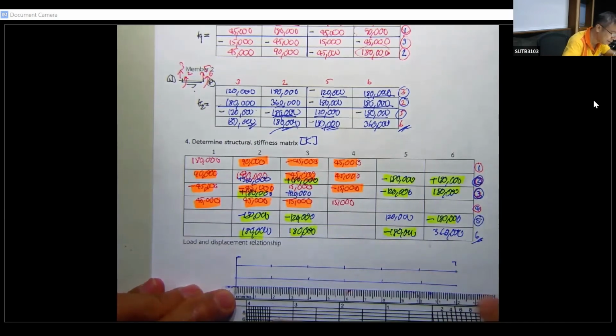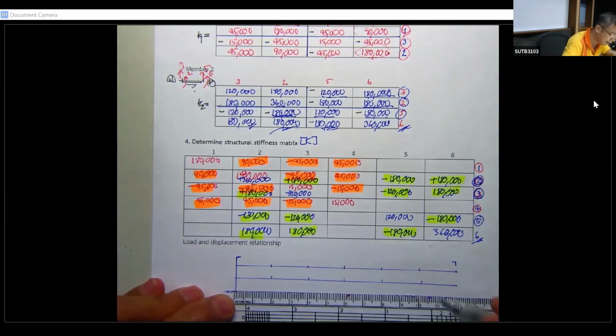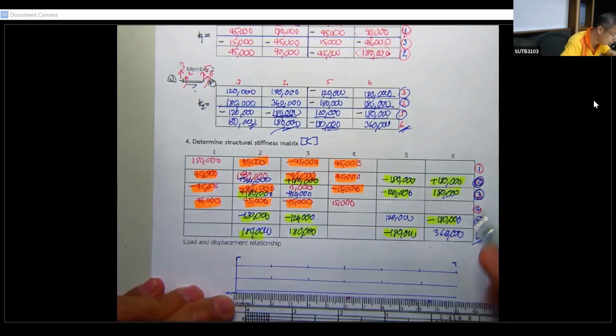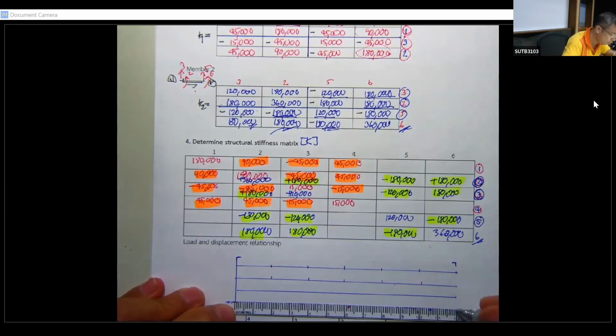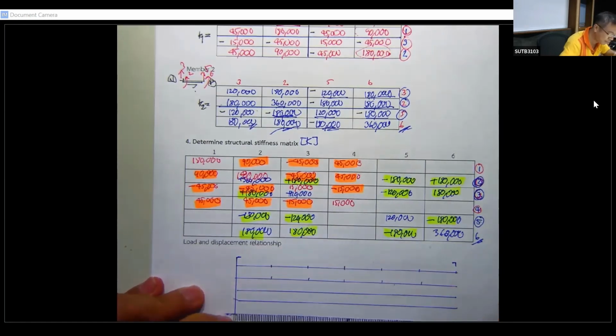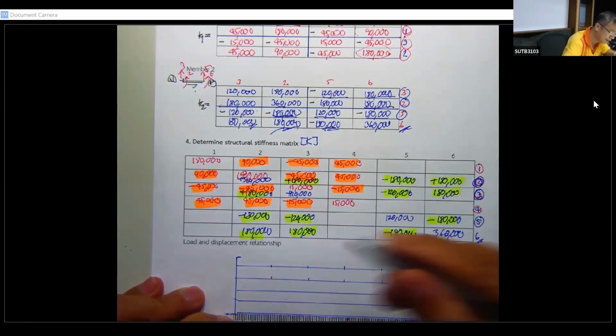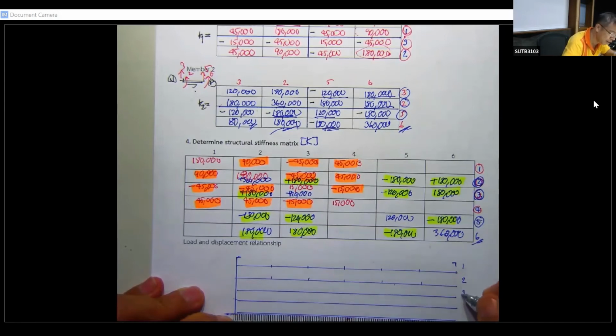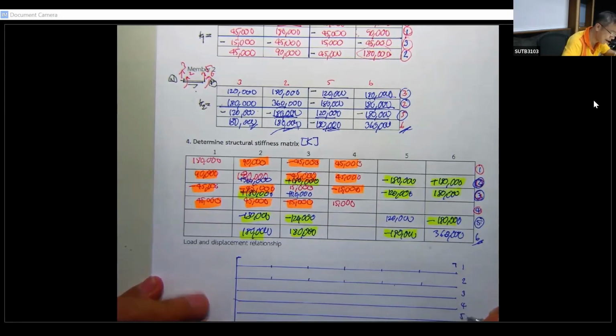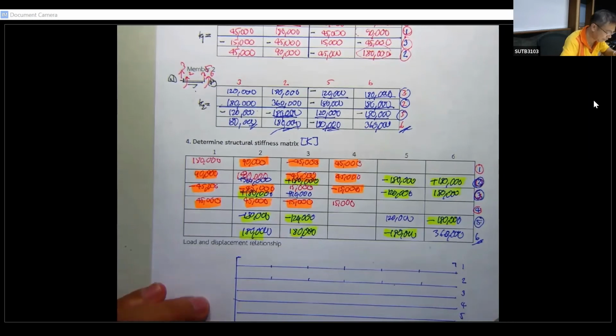Okay, 1 2, and then 3 is over here. Okay, and then 4. Okay, and then 5. That is 1 2 3 4 5, and the last one is going to be 6. Okay, let me put the 6 over here.